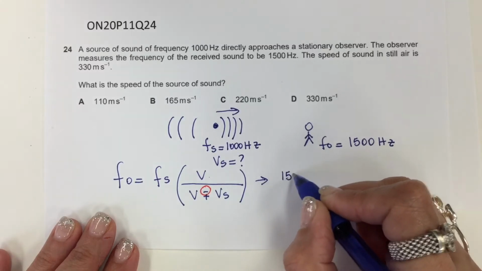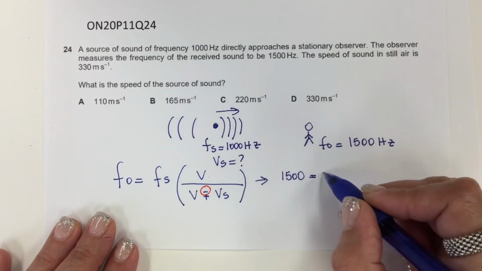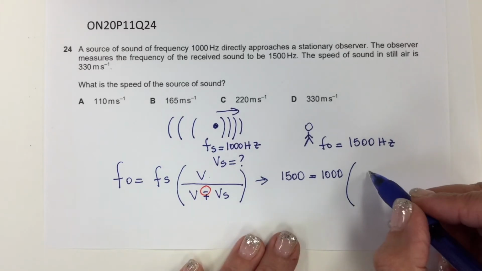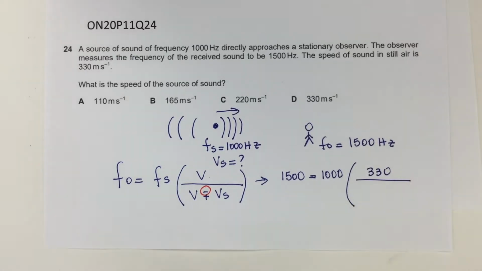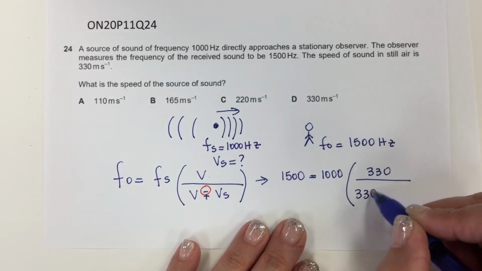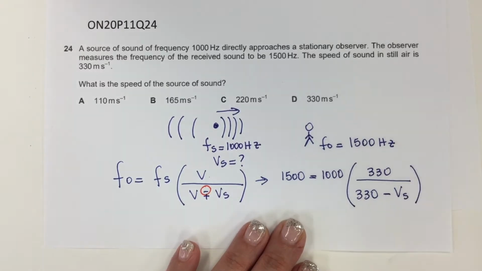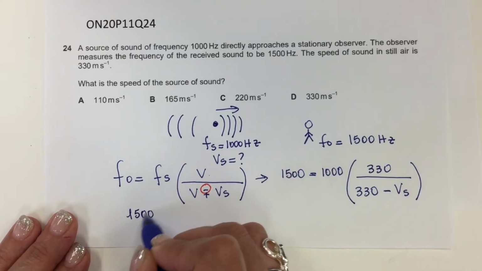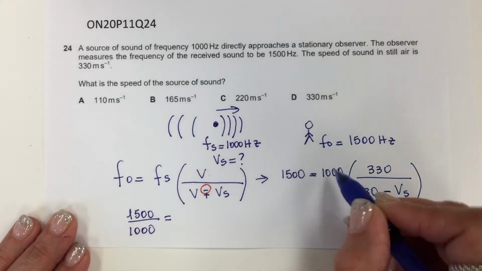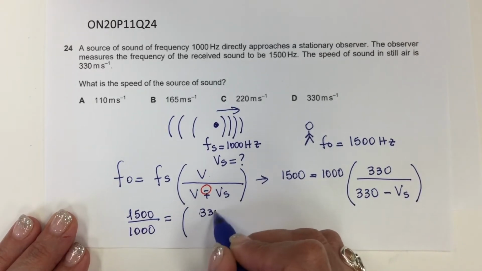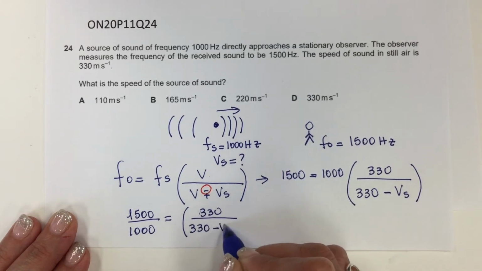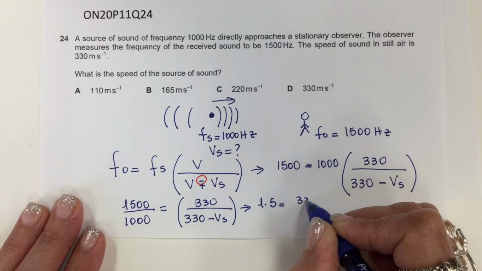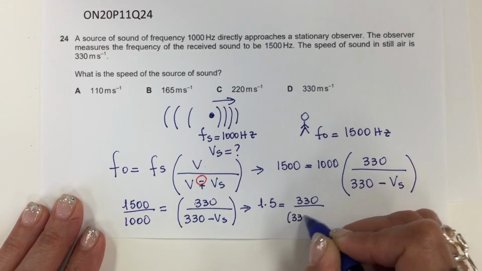Doing our substitution, Fo is 1,500, Fs is 1,000, and the speed of sound in the air is 330 minus Vs. So we can divide both sides by 1,000: 1,500 over 1,000, and the 1,000 will not be there, so 330 over 330 minus Vs. So then 1.5 is equal to 330 over 330 minus Vs.